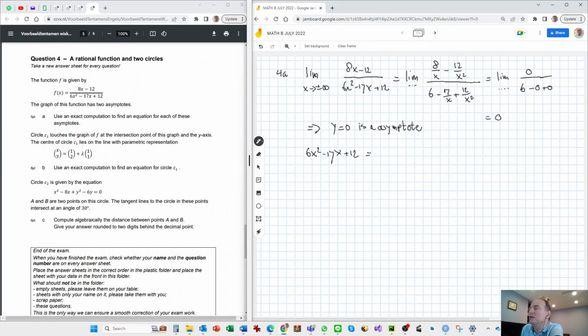So we could write this as, say, 6x and then we just look at the factors of 12. So 1, 12, 3, 4, oh, also 2, 6. So you can have like minus 3 minus 4, plus 3 plus 4, 1 and 12. And then we just need to see if this adds up to minus 17 in some way.